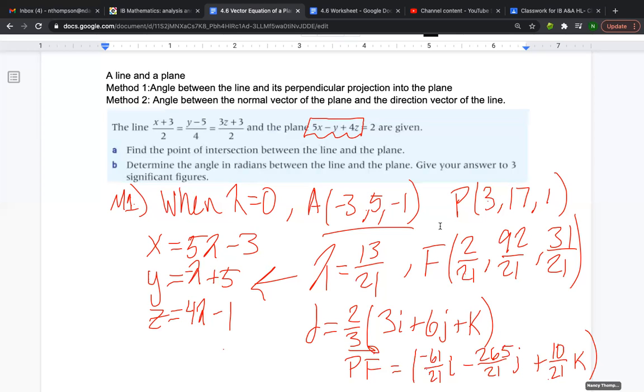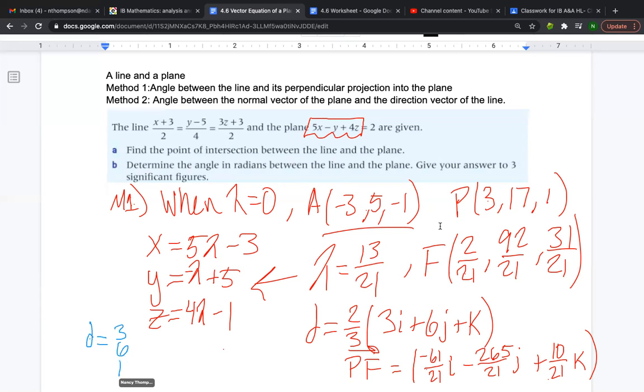I don't like this, so I'm going to pull out the -1 over 21. And once I do that, see my final two vectors. Let's write them in a little bit nicer of a form. My directional vector then would be 3, 6, 1.